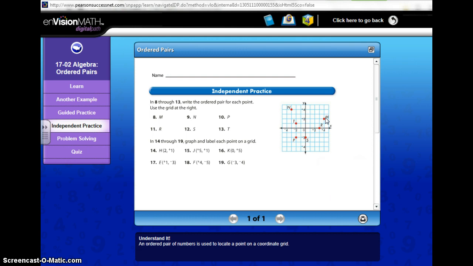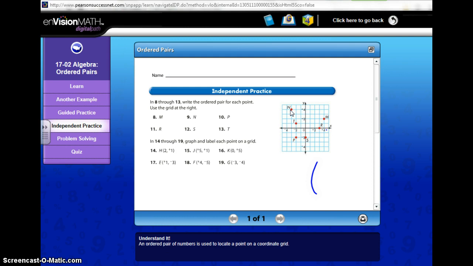Point N this time. Point N, which is right up here. Start at 0, over, and up or down. Please hide your iPads. Natasha, caterpillar, tell me what's your ordered pair? Positive 4 would bring me right here.